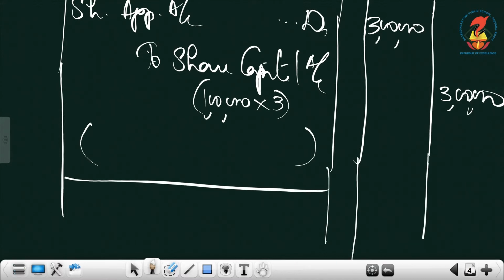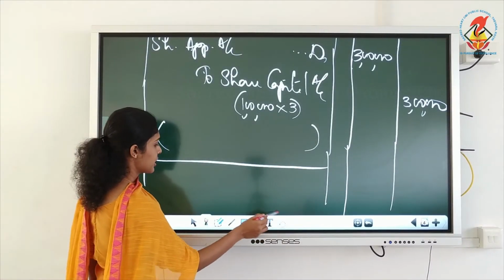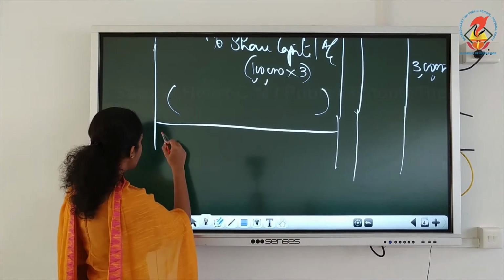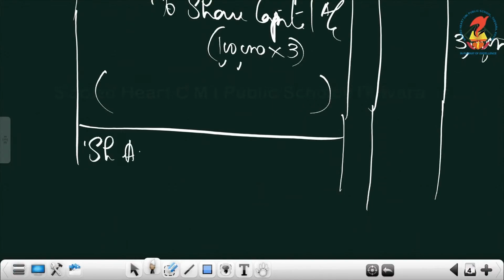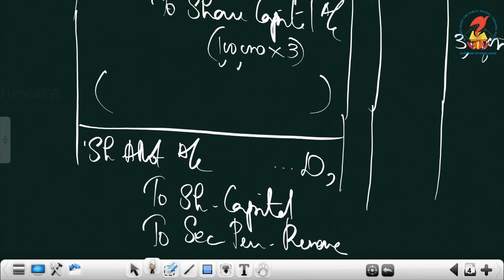Then the next is allotment money. Is there premium with the allotment? Yes, there is premium with the allotment. So what we have to do is, it's not equity, it's share allotment account debtor to share capital, to, remember to open securities premium reserve.